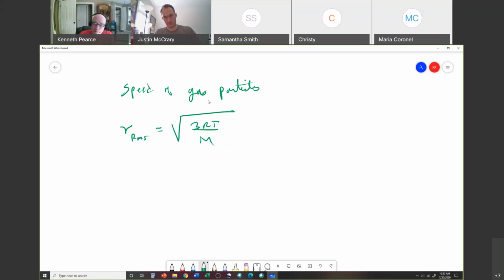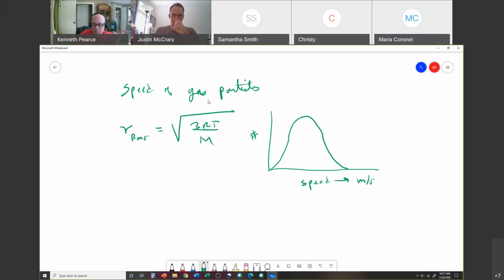If you look at a sample of particles, and if you were to measure the speed, it would follow a distribution that would look something like this. And the number. All right. And RMS is not really the average, but it's pretty close to the average.